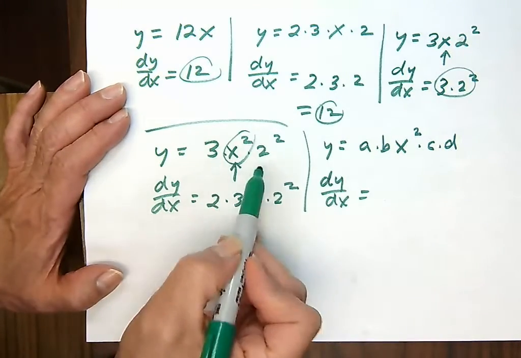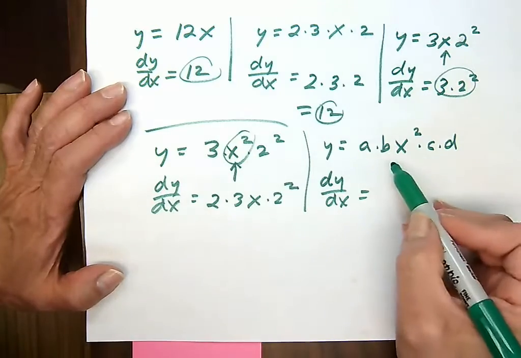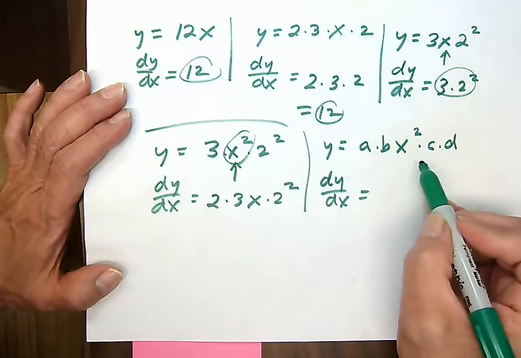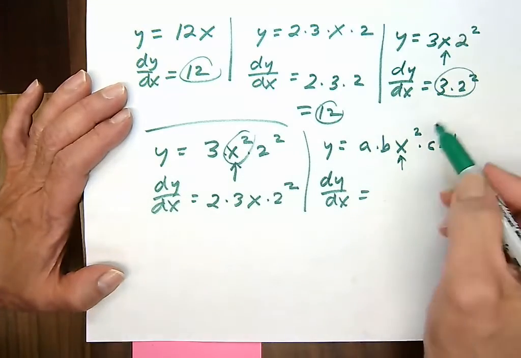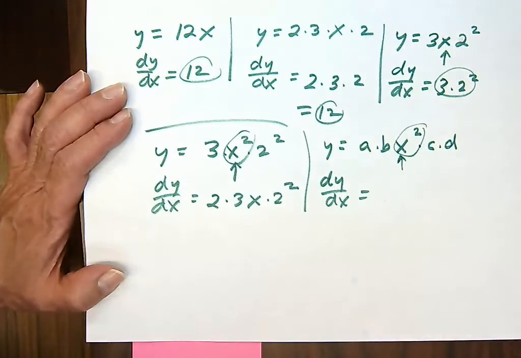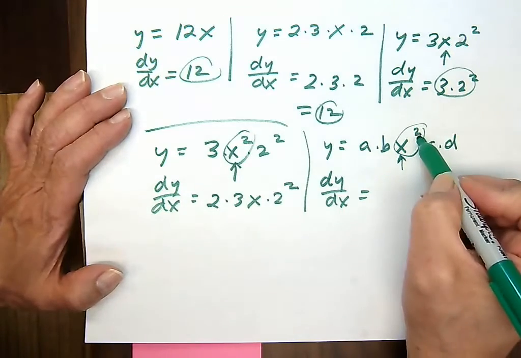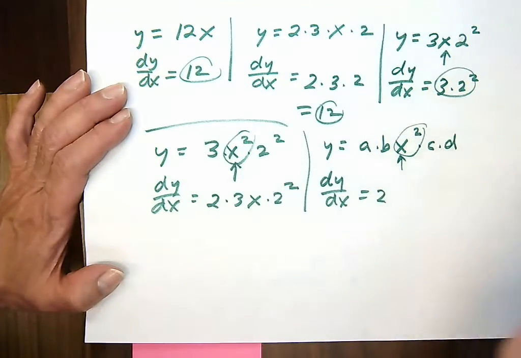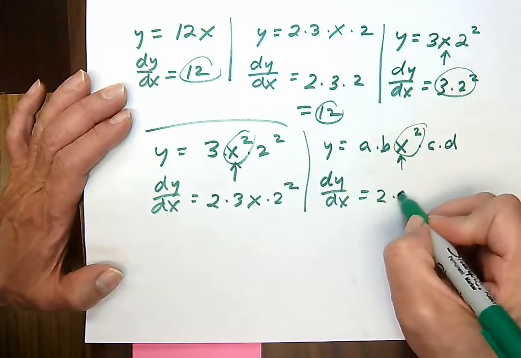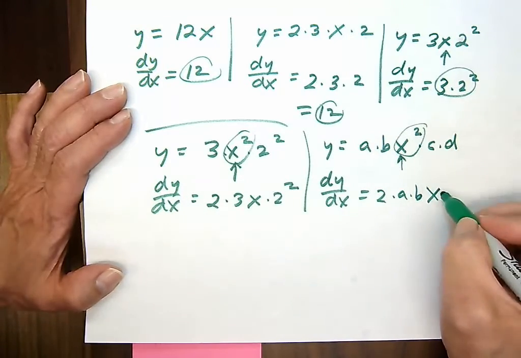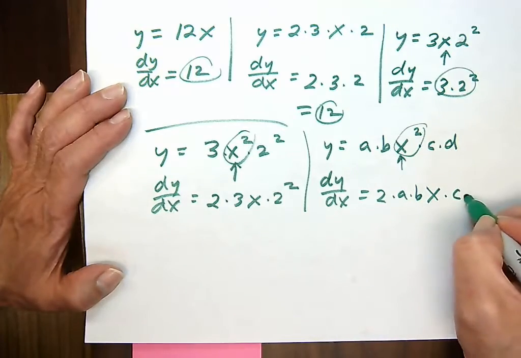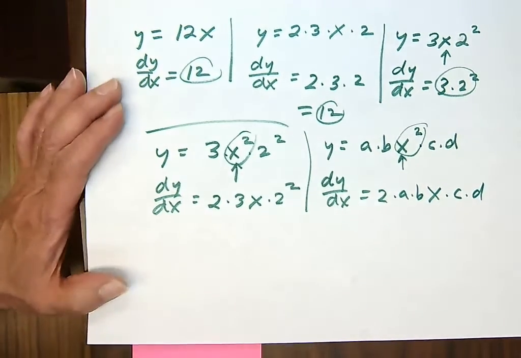Only instead of having 3 and 2 squared, we now have letters in here, which are parameters a, b, c, and d. But again, we're taking the derivative of y with respect to x. So again, I just focus on the x squared term, and I take the derivative, bring down the 2, multiply it by the coefficient of x, 2 times a times b, take our variable x, rewrite it, reduce the exponent by 1, so it's x to the first power times c times d.